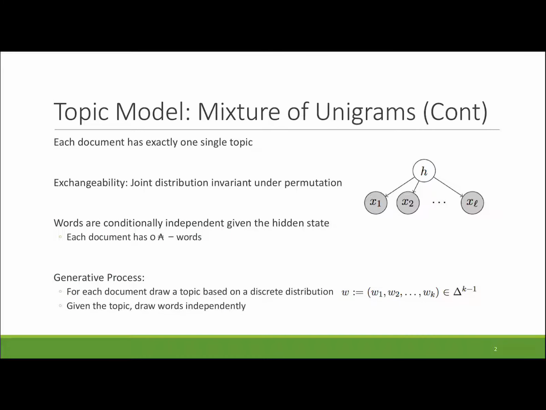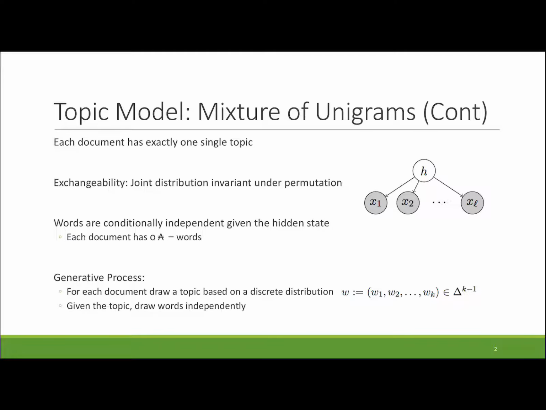So let's start. I'm going to focus on two topic models and show how we can use spectral methods to train them. The first topic model is the mixture of unigrams. In general, the goal of topic models is to look at documents and tell us what the underlying topics of those documents are and how the words in the document are generated.